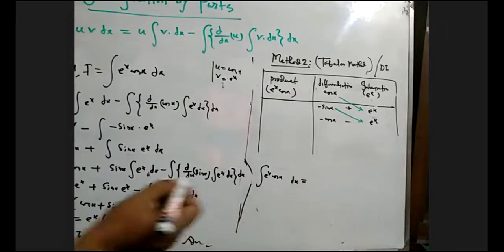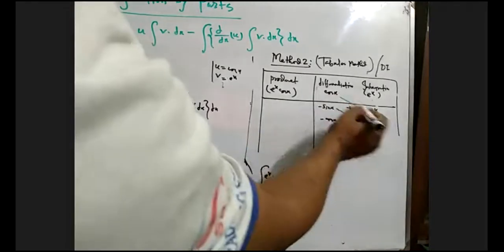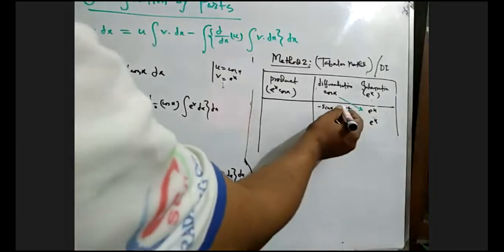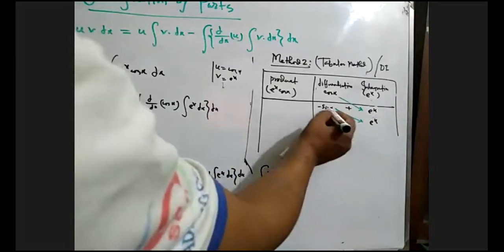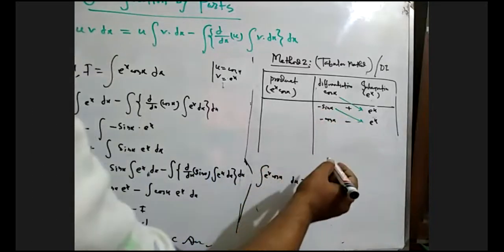What will be by tabular method? Product will be e to the power x into cos x, with signs plus, minus, minus, minus, minus, plus.